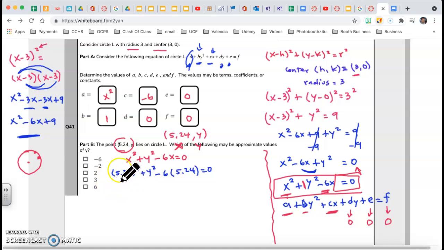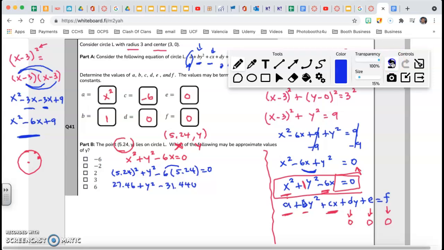So let's do 5.24 on the calculator. 5.24 to the second power is going to give me 27.46, rounding to 2 decimal places, plus y squared. And now negative 6 times 5.24 is going to give me negative 31.44. And that's equal to 0. Remember, the idea is to leave the y by itself.